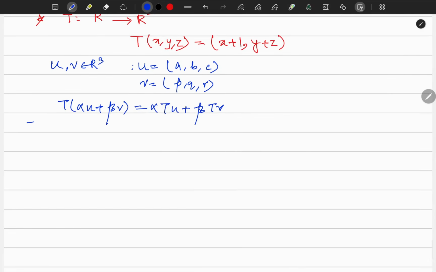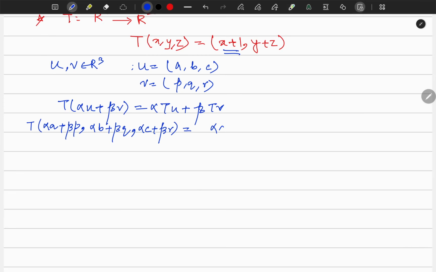So what will you do? T of, as we did in the previous, alpha u plus beta v, so I just write directly, you can do it. So I have alpha a plus beta p comma alpha b plus beta q and alpha c plus beta r. It will be equal to, when you apply the T, it says that add 1 to the first coordinate.